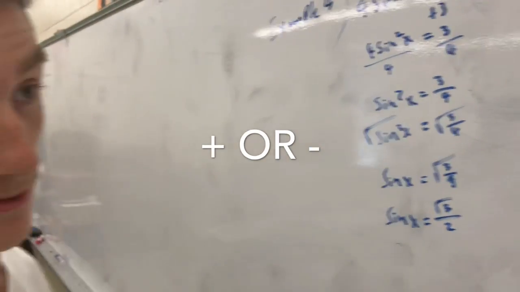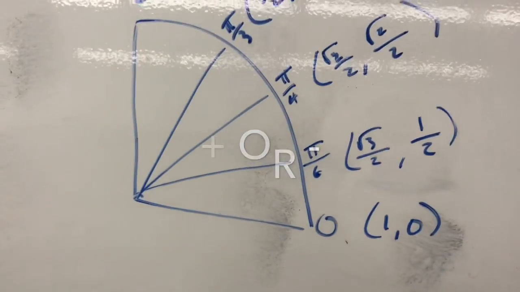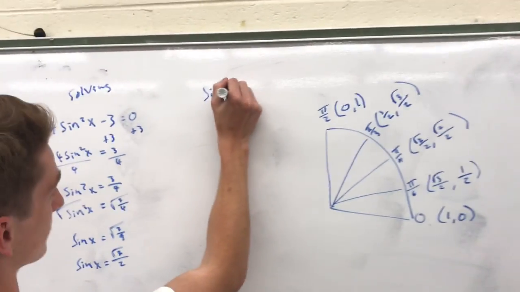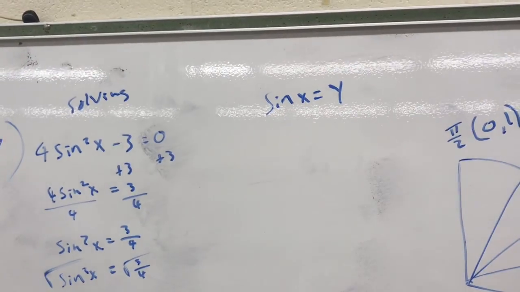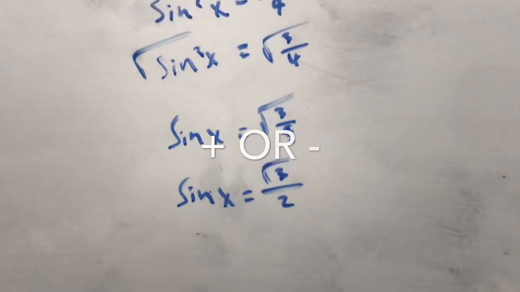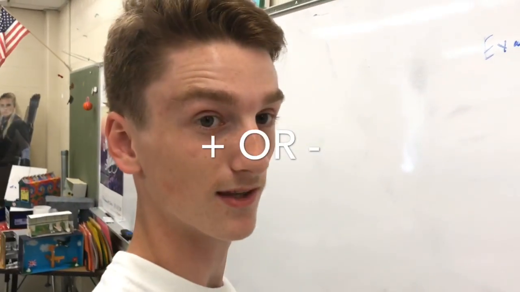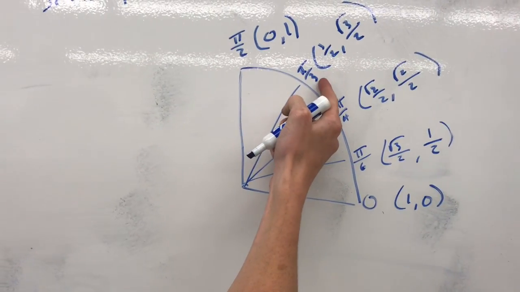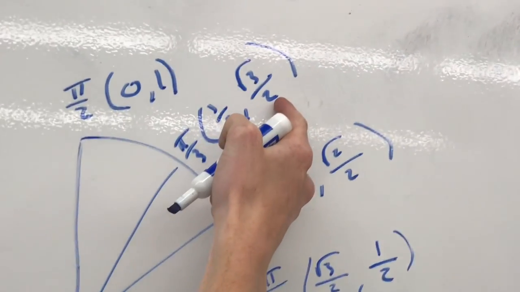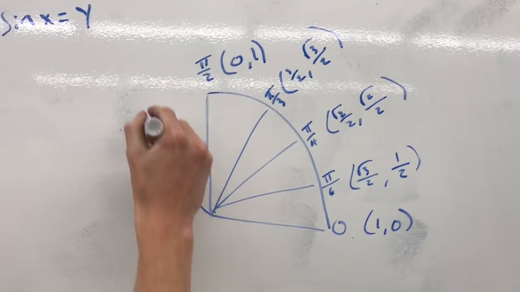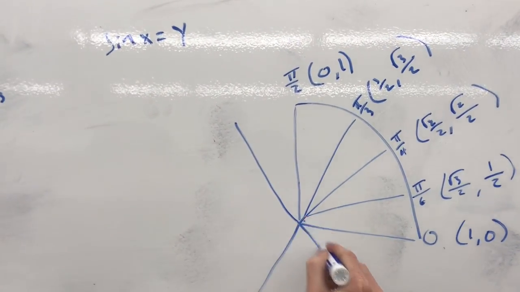So, if you remember from our unit circle, sine x equals y. So, where is y equal to square root of 3 over 2 on our unit circle? So, if you think about it, every point of pi over 3 has y equal square root of 3 over 2, and that continues across the entire unit circle.